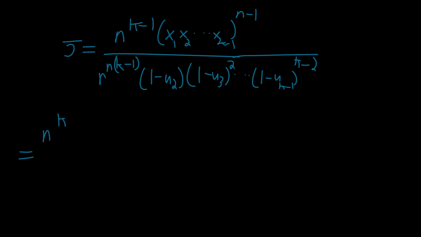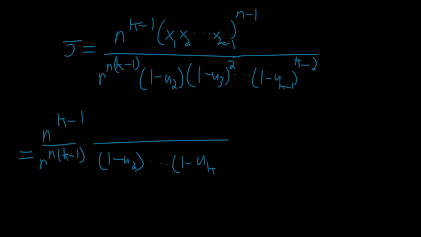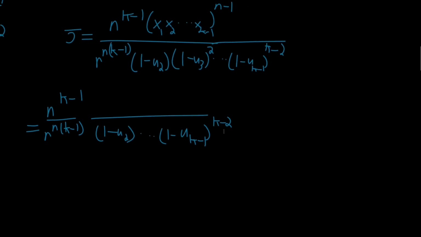n to the k minus 1 over r n k minus 1. And then we have our denominator right here. So 1 minus u2 dot dot dot 1 minus u_{k-1} to the k minus 2. I'm abbreviating that right now just because I don't want to be writing out so many terms.